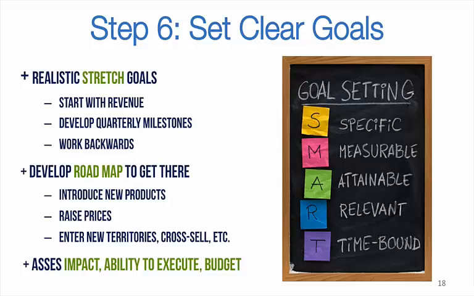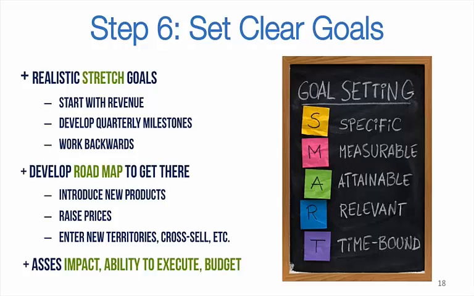It could be just doing more advertisement, right? So there's all kinds of things that you could do. Your job is to say, okay, based on this goal that I have in front of me and the milestones that I have along the way, what is the most realistic way for me to backtrack to get there?